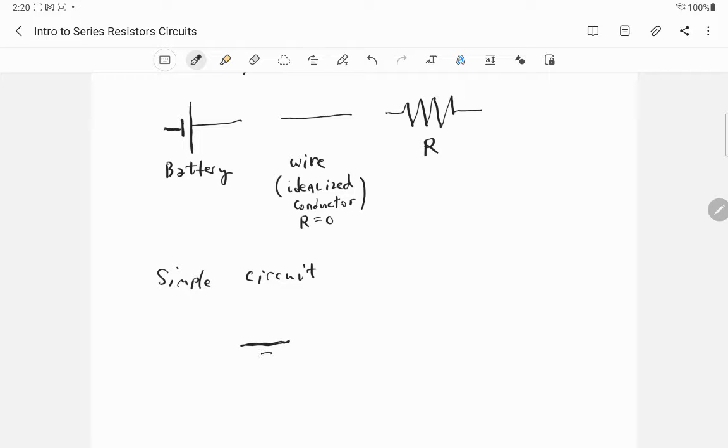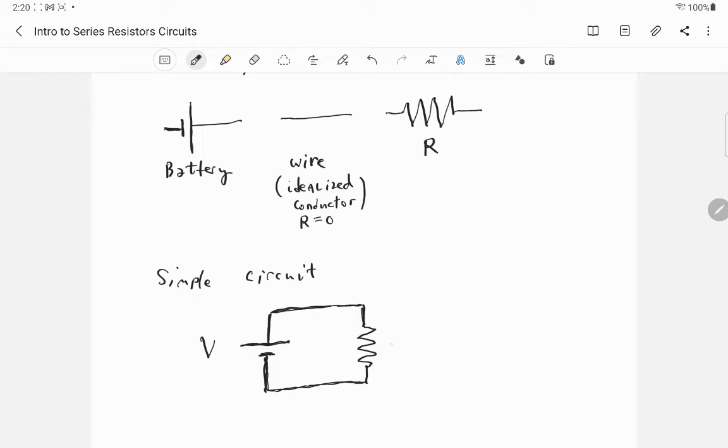Here's a battery. I'll orient it this way. And I'm using a wire that's got two bends, right? One bend, a second bend, to go over to one side of a resistor. And then I use another wire to connect the other side of the resistor to the other side of the battery.